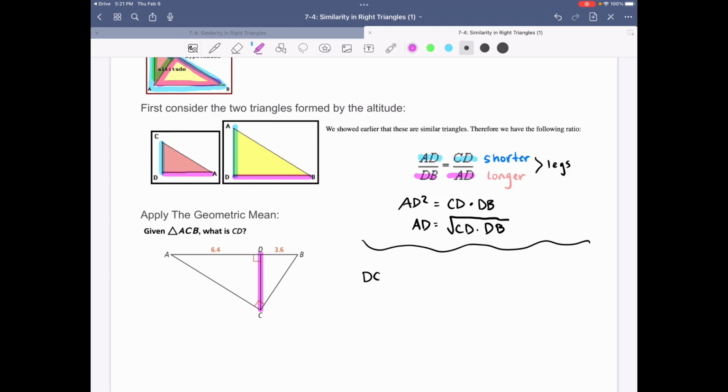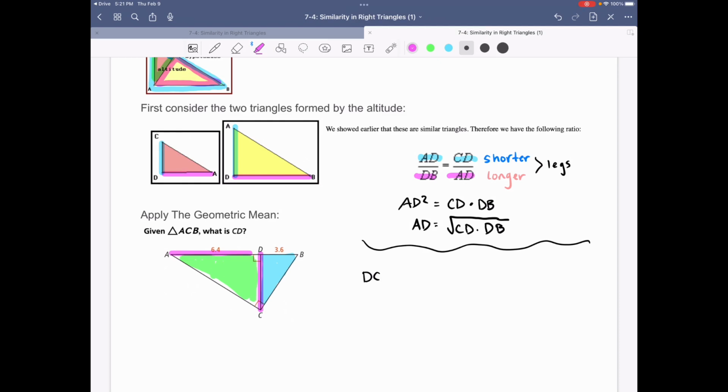I'm just going to color these triangles to make it a little easier to see. We have this green triangle that we're looking at, and then we'll have this blue triangle. All right, so DC is the longest side of the blue triangle, but 6.4 is the longest side of this triangle.